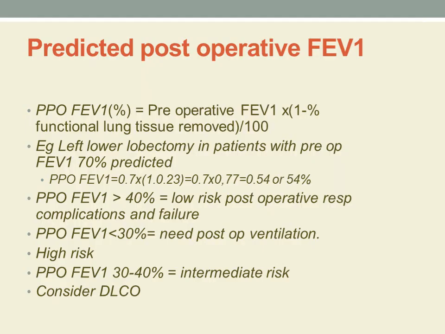Predicted post-op FEV1 is the preoperative percentage FEV1, that's normal, multiplied by the percentage remaining and divided by 100. For example, if the patient is having a left lower lobectomy and the preoperative FEV1 is 77% predicted, with a left lower lobectomy 10 segments are taken, so 23% of the lung is taken out.